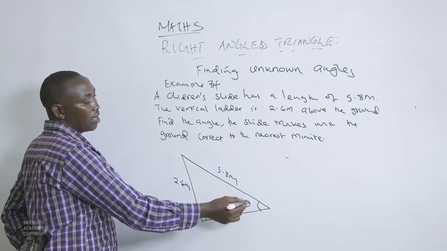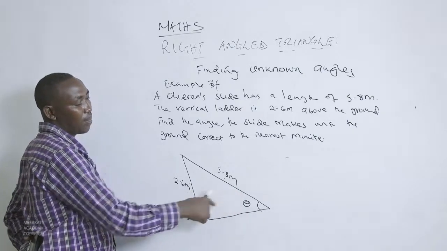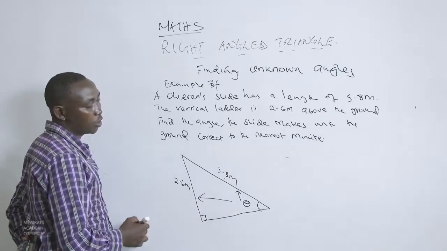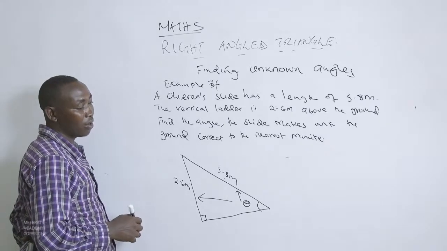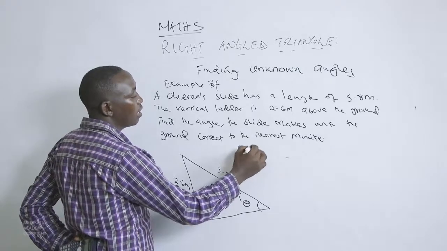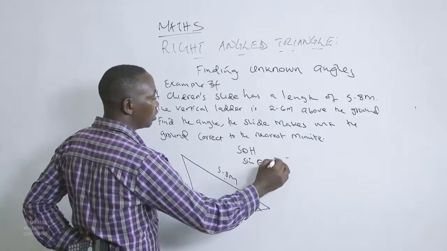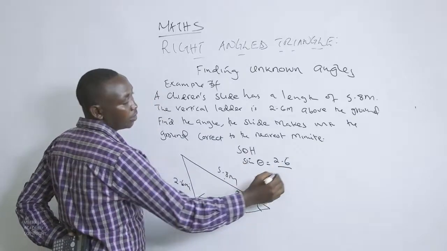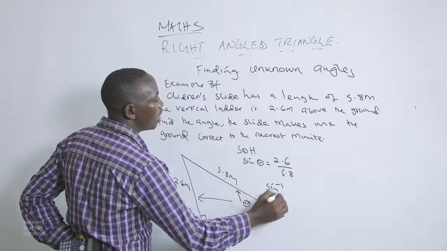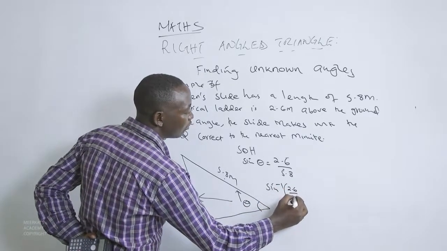We again need to understand that the two given sides relate to this angle, in that this will be the hypotenuse and this will be the opposite side of that particular angle. And therefore a trigonometric ratio that can be used to solve this question is again sine. That is, sine theta will be given by opposite, which is 2.6 meters, divided by the hypotenuse, which is 5.8 meters. And for us to get theta, we must get the sine inverse of 2.6 divided by 5.8.